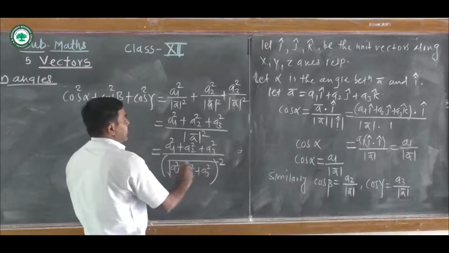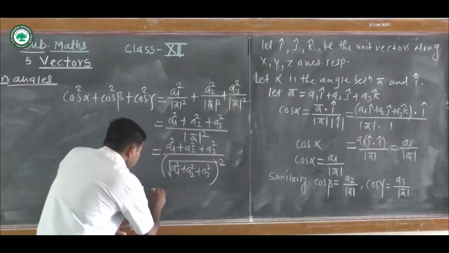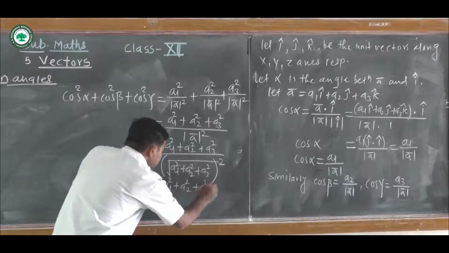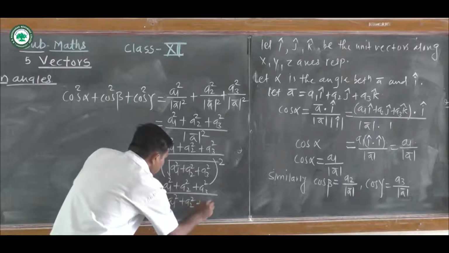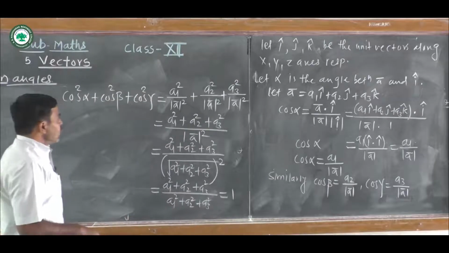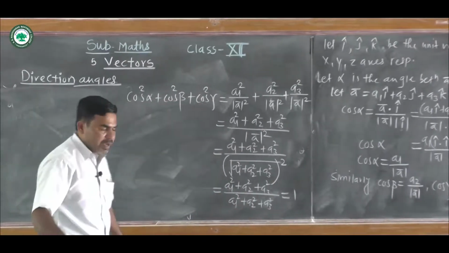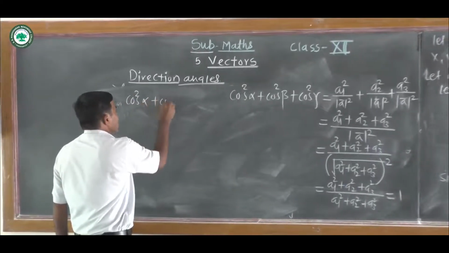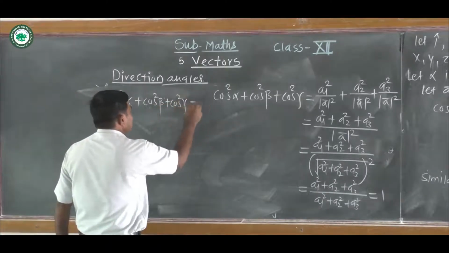This square and this square would get cancelled. It is equal to a1 square plus a2 square plus a3 square divided by a1 square plus a2 square plus a3 square, and this is equal to 1. So we have cos square alpha plus cos square beta plus cos square gamma is equal to 1.